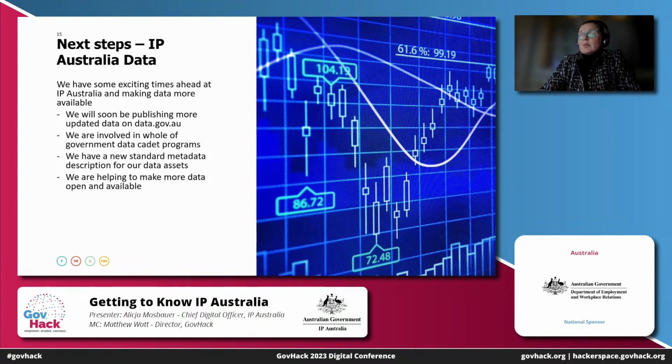Also, because we have so many requests from external people wanting to use our data, we found that if we can publish a different version of the data, this will potentially free up my team and not have to have them responding to data requests all the time if we can provide data in a slightly different way.